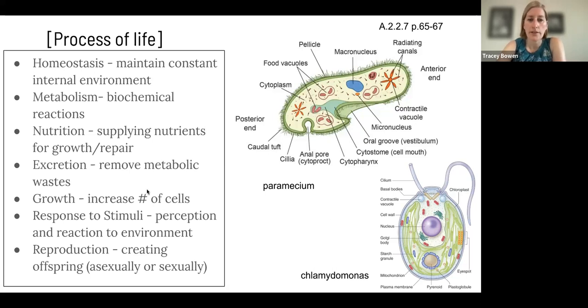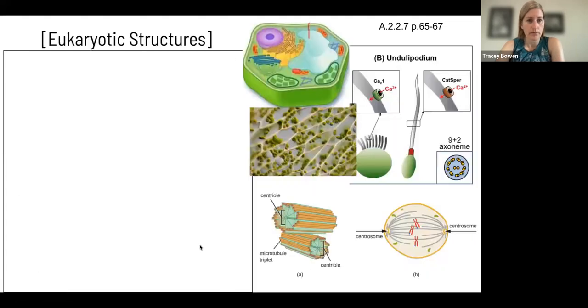They're going to create offspring, and that might be done sexually or asexually, meaning they have a sexual partner that swaps DNA with them, or they just clone themselves. That's different than growing. Growing is just making one cell bigger, but reproducing changes one cell to two cells. All right, so eukaryotic structures.